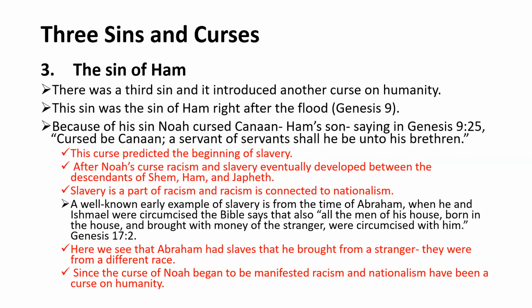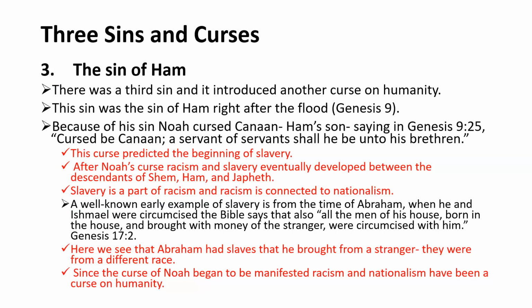Because of his sin, Noah cursed Canaan, Ham's son. Ham sinned against his father, and because of that, Noah had to curse Ham's son, not Ham. Genesis 9:25 reads, "Cursed be Canaan, a servant of servants shall he be unto his brethren."